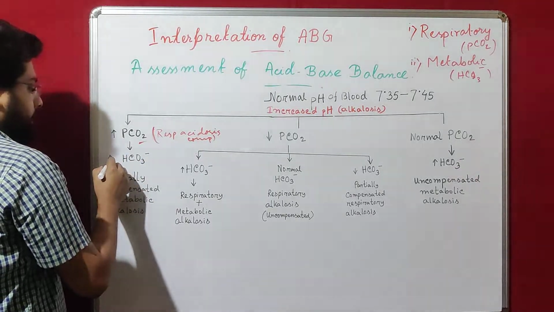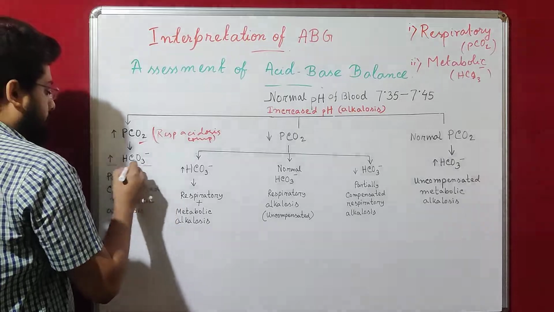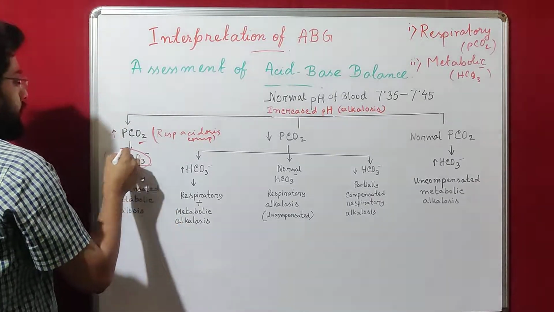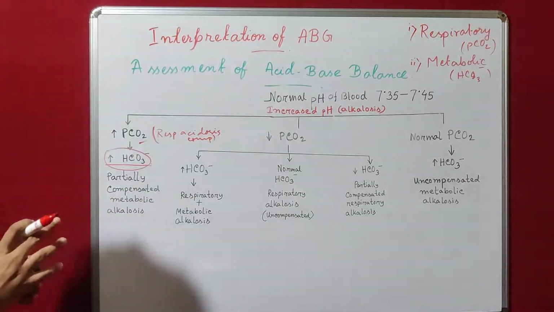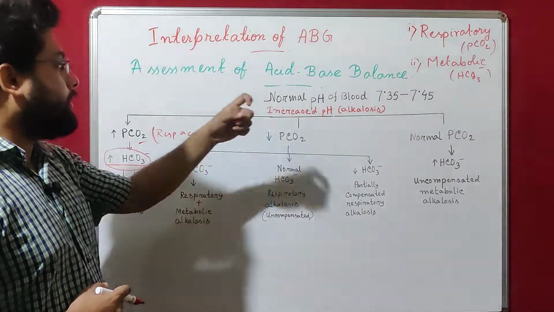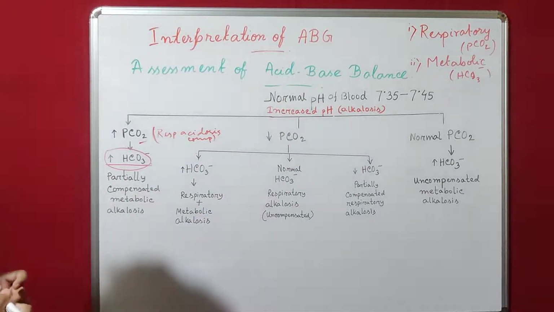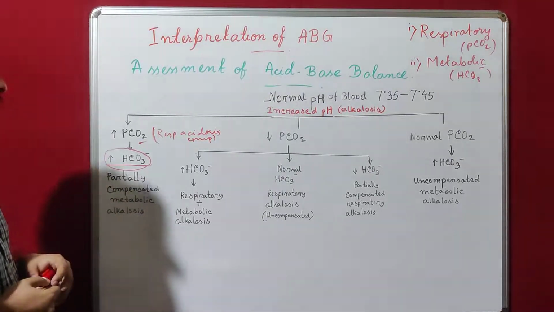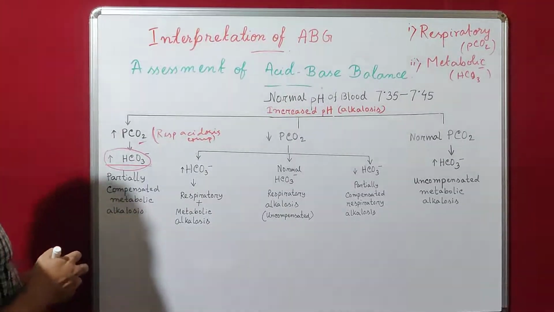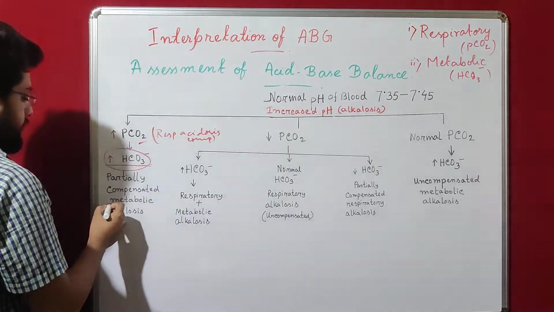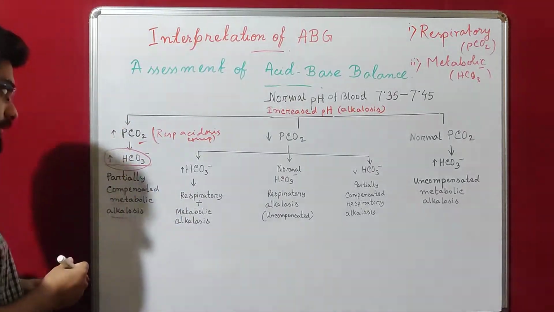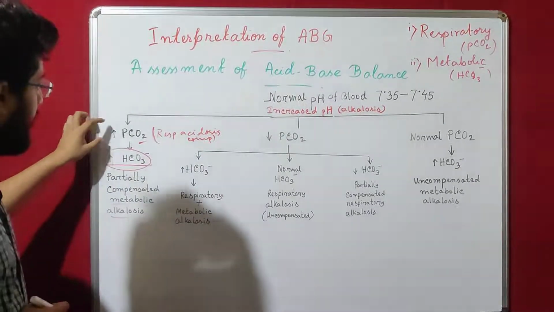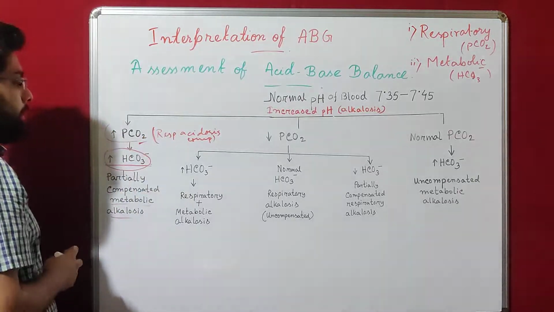Just one scenario is possible: the bicarbonate ion is increased, then only the pH will be increased and alkalosis can be there. So if bicarbonate ion is increased, then it is obviously metabolic alkalosis. But with the increase in bicarbonate ion, there is also an increase in PCO2 level.